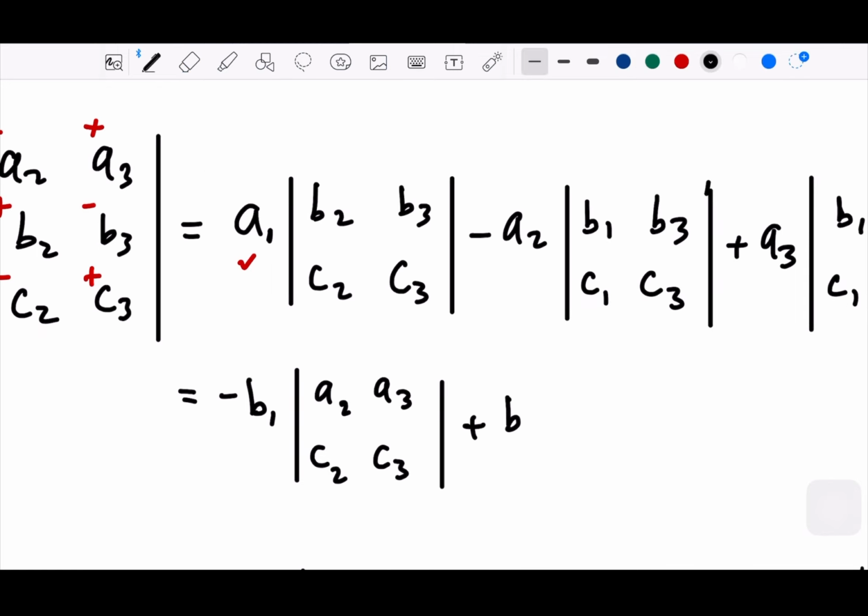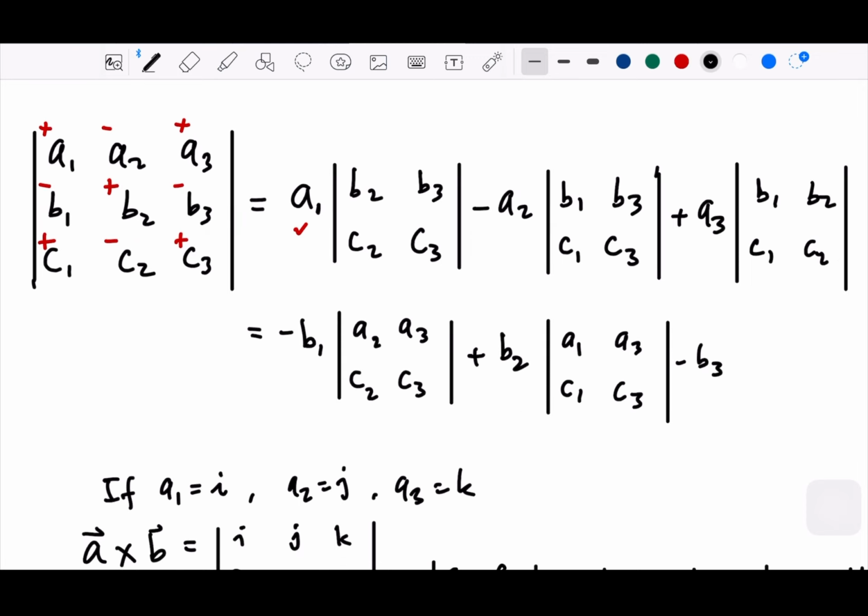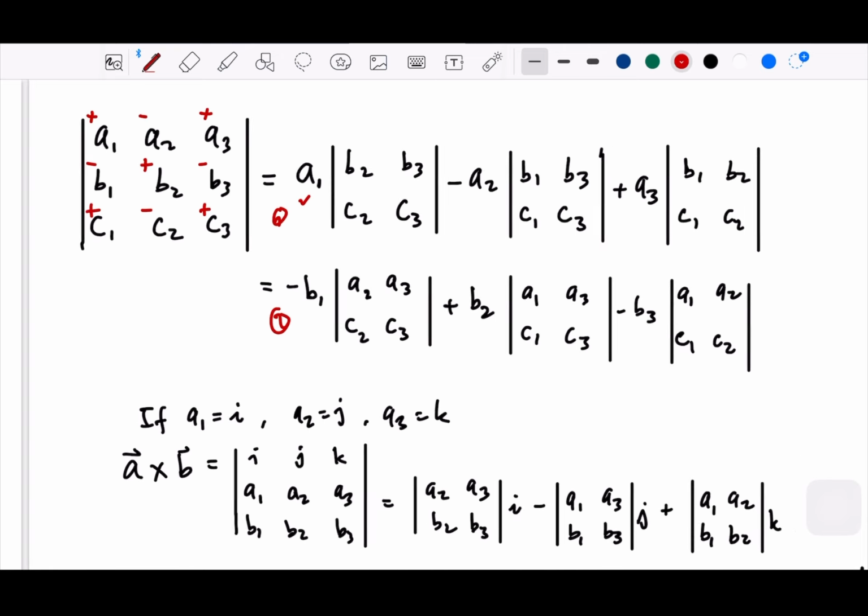And then plus B2. B2 is A1, A3, C1, C3. And then minus B3 is A1, A2, C1, C2. And the result should be the same. So you can choose this part or this one, or if you want to choose C1, C2, C3, it's also okay. It will be the same result.